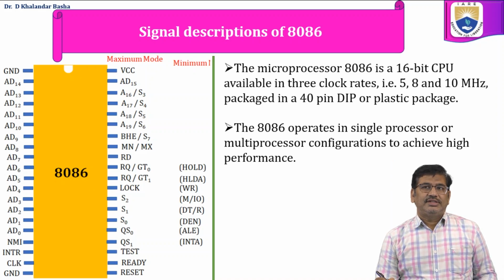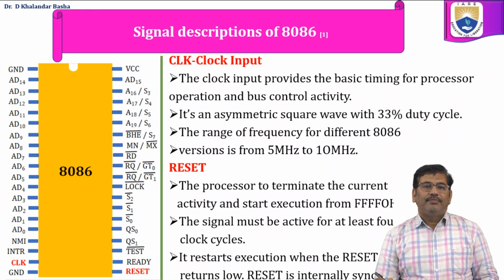The 8086 operates in a single processor or multi-processor configuration to achieve high performance. If the 8086 processor operates as a single processor, it is called minimum mode. If the 8086 processor is configured as a multi-processor configuration, then the processor is said to be in maximum mode.